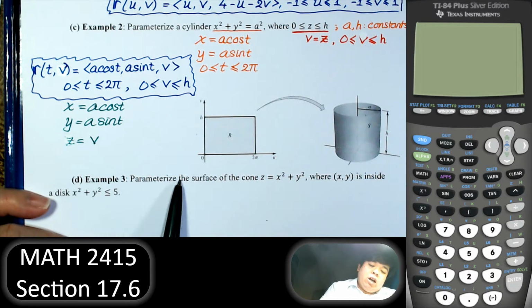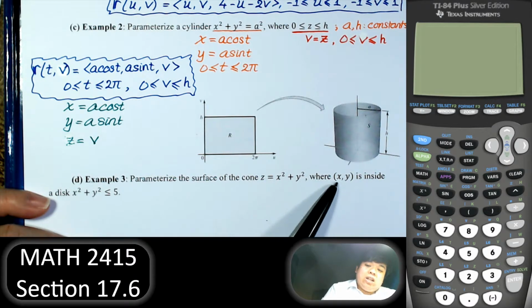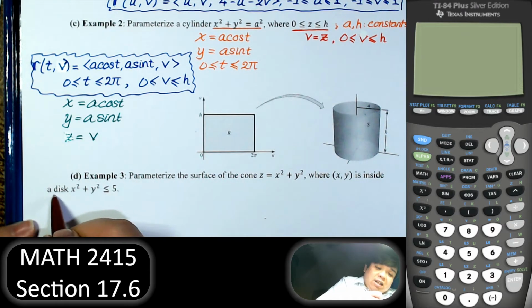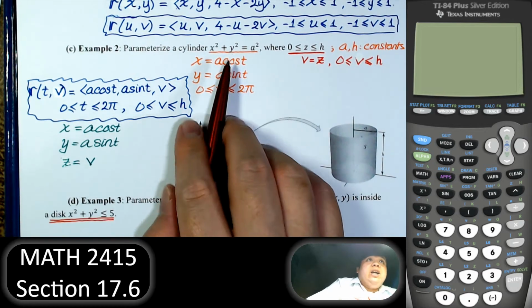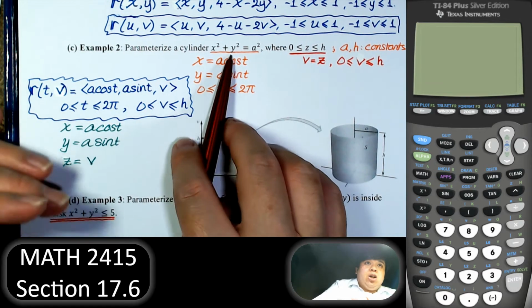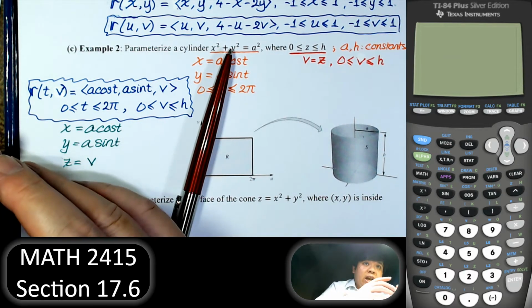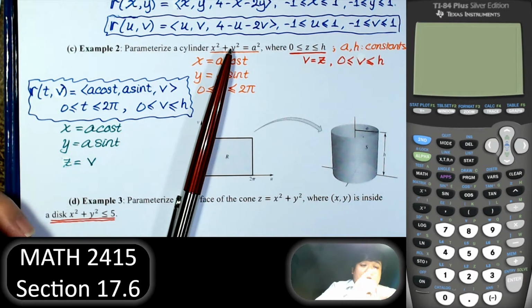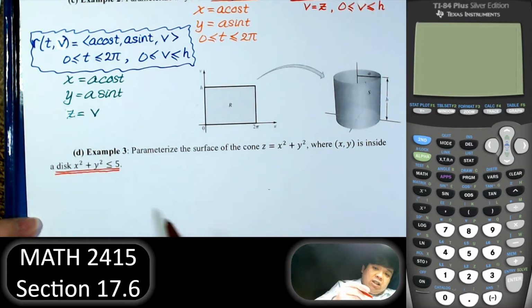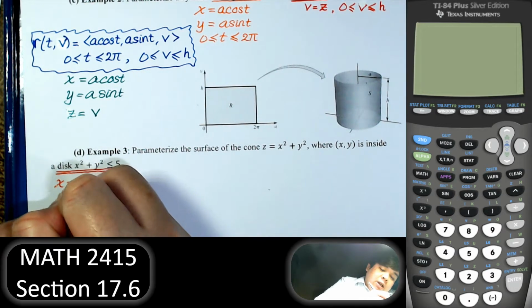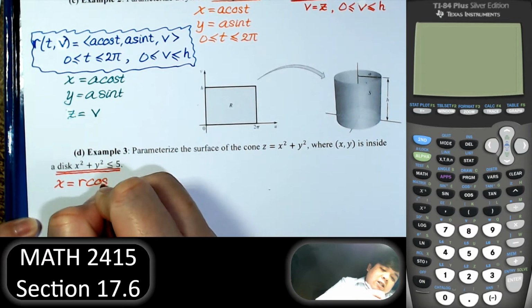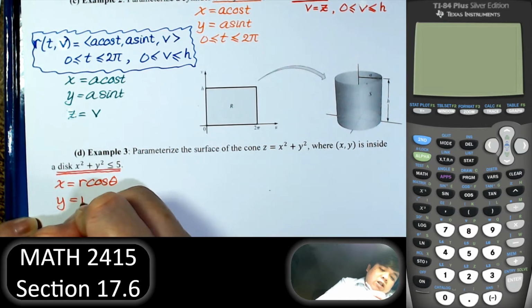Next, we parameterize the surface of the cone, z equals the square root of x squared plus y squared, where x and y are inside the disk. First of all, we see that this is a disk. Unlike a circle, which is only the boundary, the disk includes the boundary and everything inside. So we will have x equals r cosine theta and y equals r sine theta.